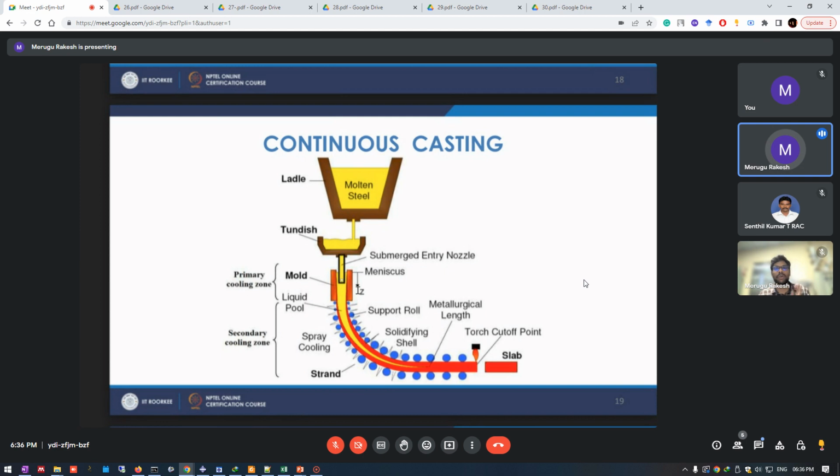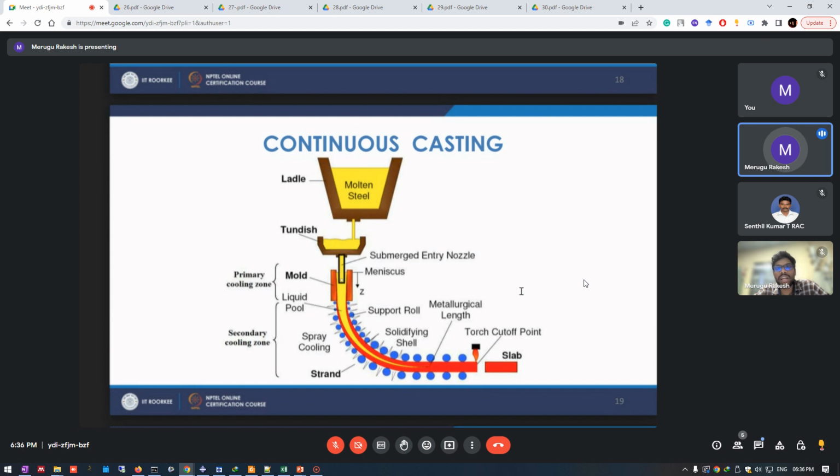Since copper is a very high thermal conductor, it will easily form a thick shell on the solidified metal. Still there will be liquid inside, but the outer face will get a thickness which is enough to bear the inside metal. So when it is traveling with the help of rollers, it will be cooled using these spray coolings. Then we get finally these slabs, and finally the slabs are cut off.